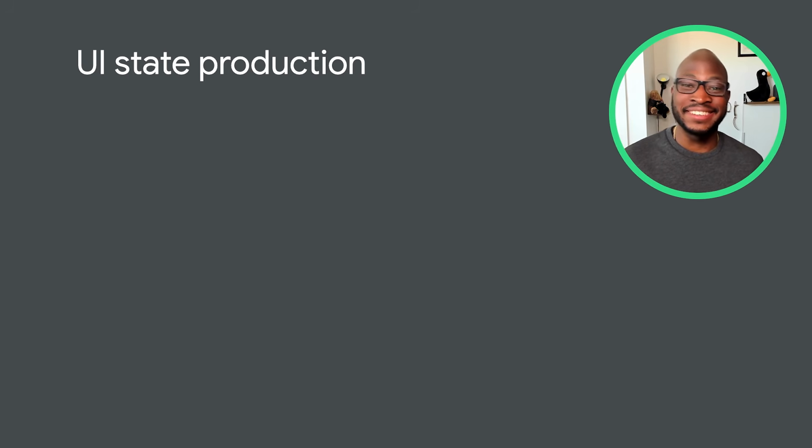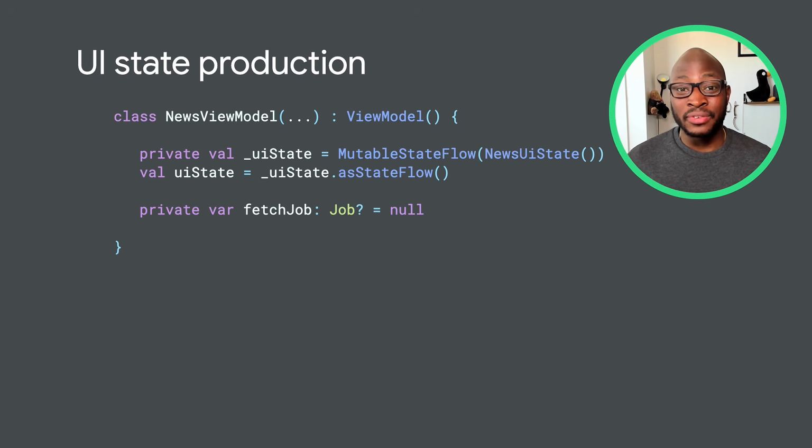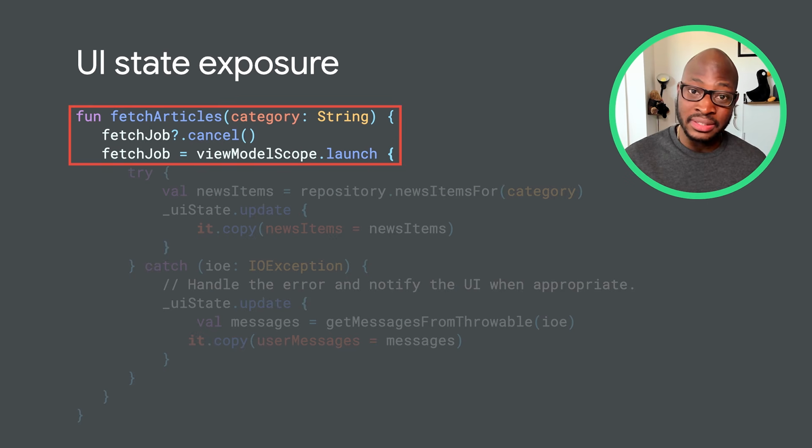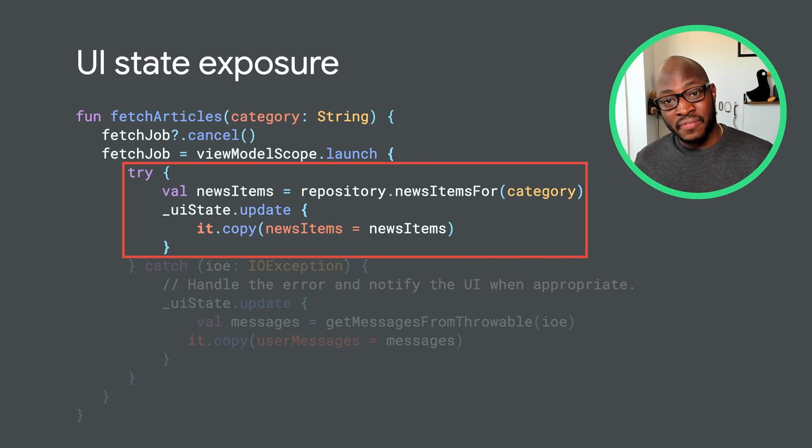Back to our case study. Say we want to fetch news for a category. We define our UI state and keep a reference to a job for fetching the news. We define a fetch articles method that first cancels a previous fetch if it was in progress, and then launches a coroutine to bring in the new articles. After the new articles are fetched, we can update the UI state.